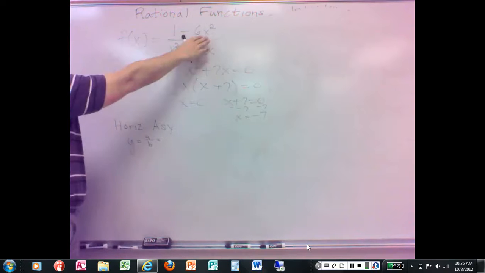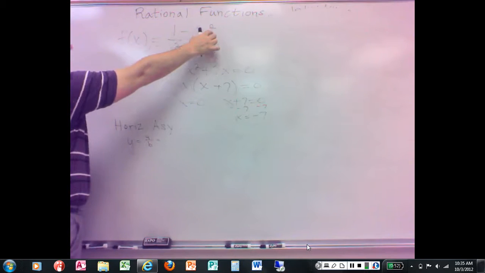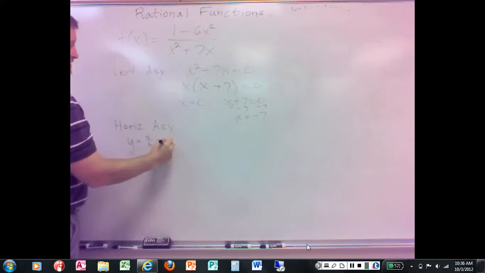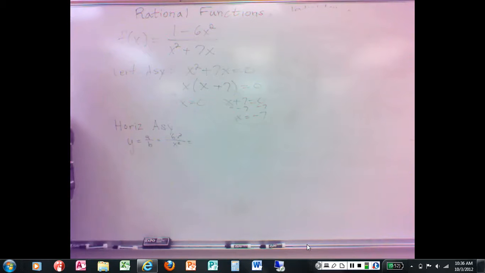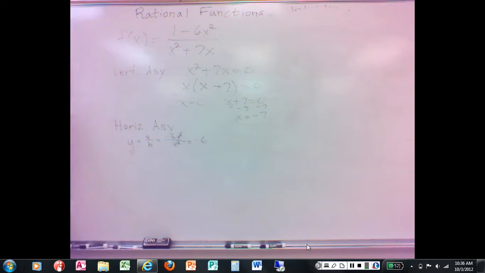Even though it's listed at the end, isn't that the leading term? Isn't this a second degree polynomial, if you will? So the a is negative 6x squared. The b is just 1x squared. And so you divide those, you get negative 6. So that's going to be the horizontal asymptote way down at negative 6.